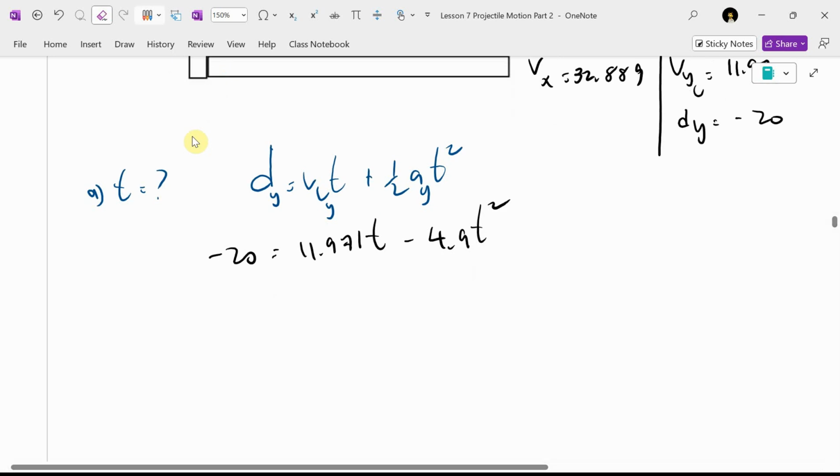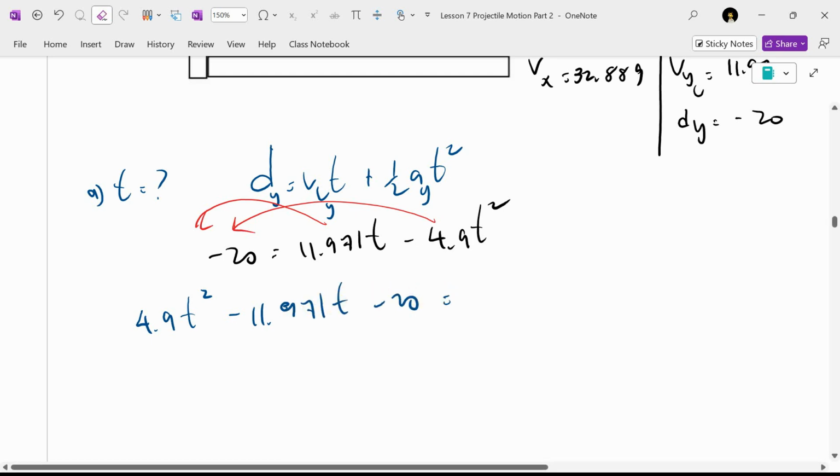I'm going to move this there, and that there. I'm going to get positive 4.9 t squared, take away 11.971 t, and then take away 20. Negative 20 would just drop down like a domino.